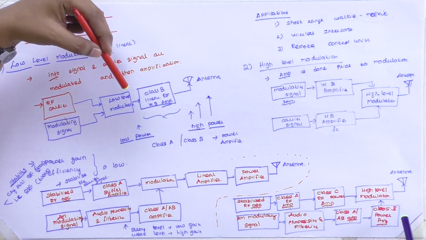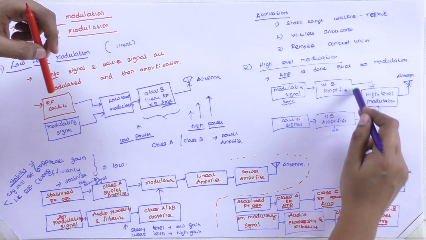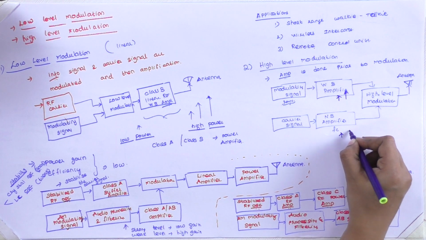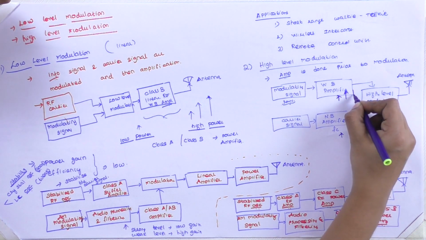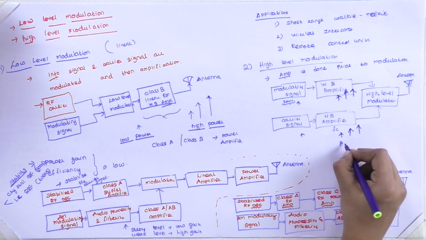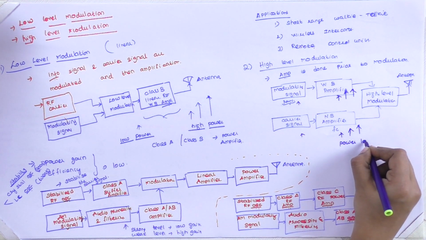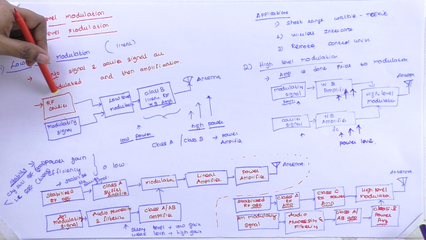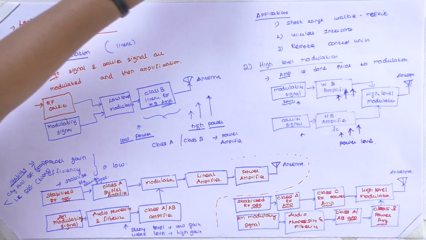After boosting only, we feed them to the high level modulator, and here itself we are increasing the power level. So this is our low level modulation, and this block diagram is for our high level modulation.